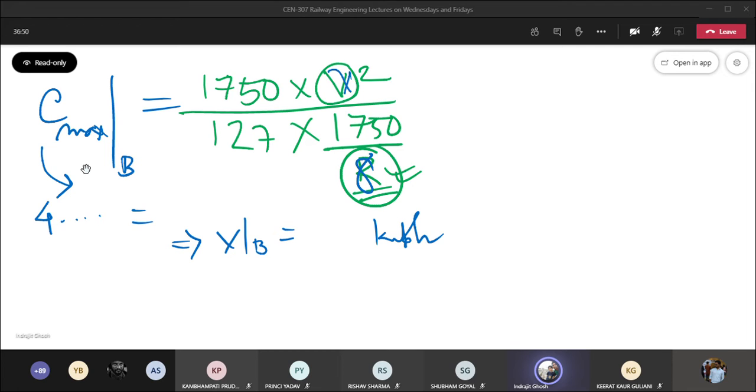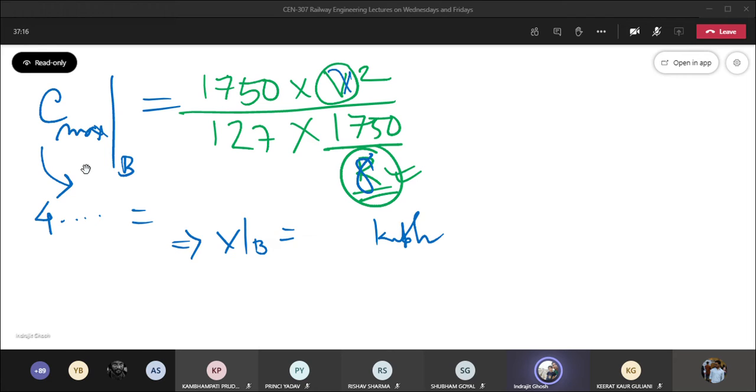Now for the tutorial problem 4, there is a question where I have given you the value for the branch line. Will you be able to solve it? Similar process. Yes, sir. You know the maximum speed, you can come up with the value of C max.